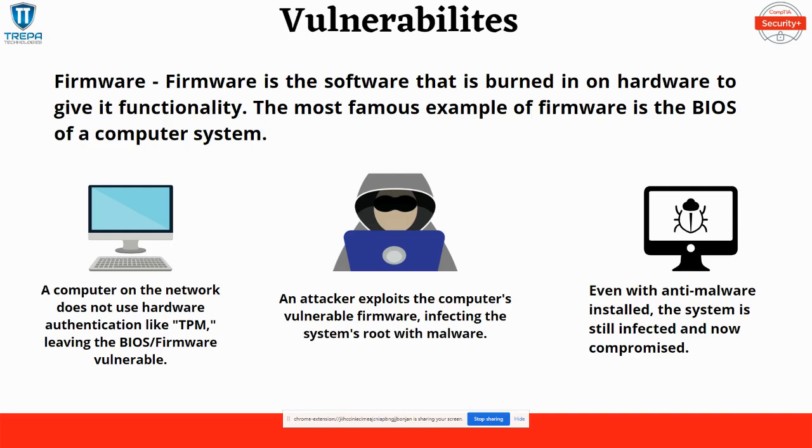Now let's move on to firmware. So firmware is a software that is burned into hardware to give it functionality. So think about your computer's BIOS that functions without the operating system. That is using firmware. And firmware, once altered, can be hard to revert. There are preventative measures we can use to protect the firmware of our devices. One example is using TPM, a trusted platform module, to authenticate that firmware has not been changed.